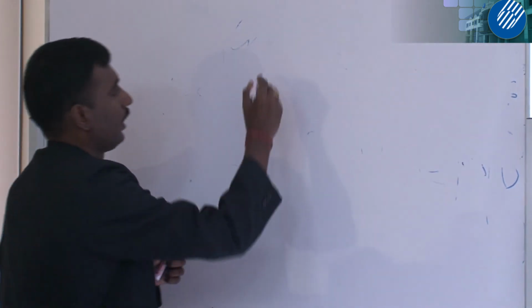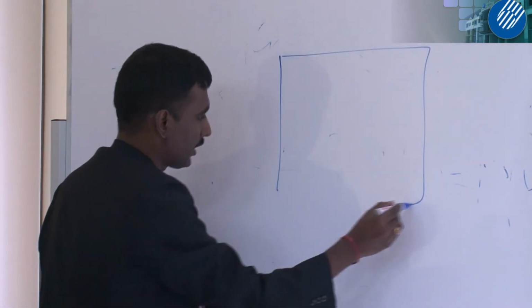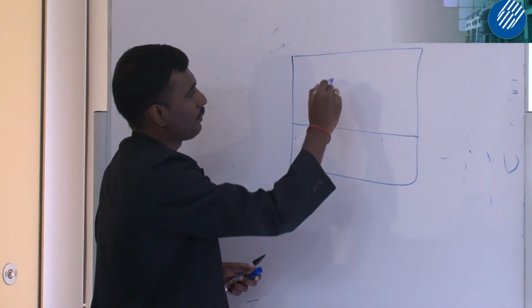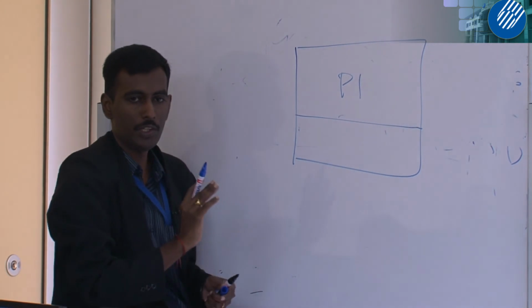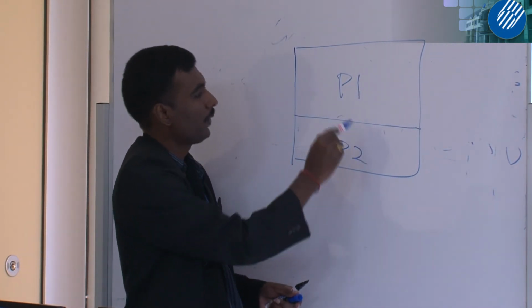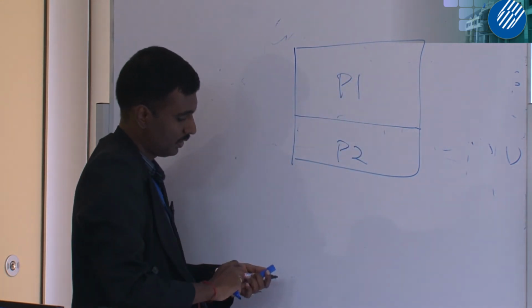How many regions you have created? 2, right? This is panel 1. I won't call region after this. I got panel 1, panel 2. Treat this as a black box.